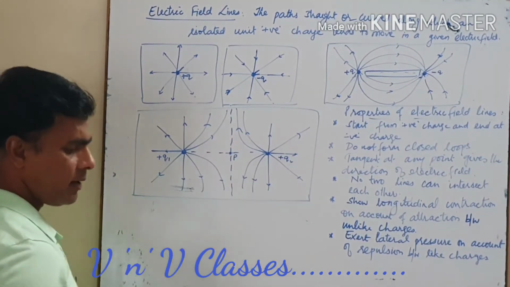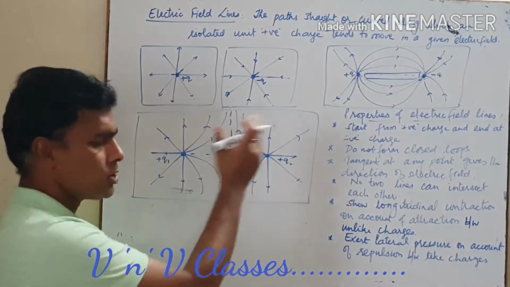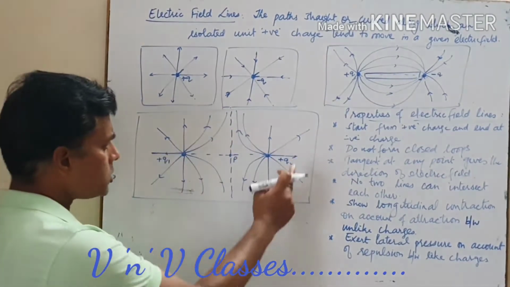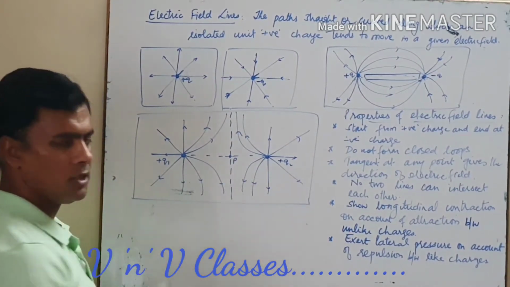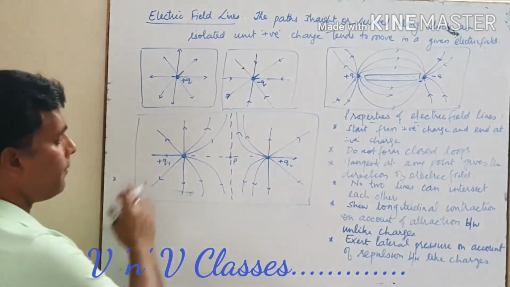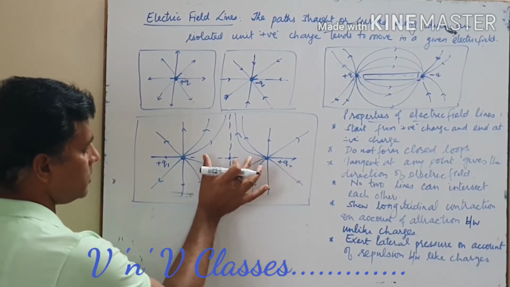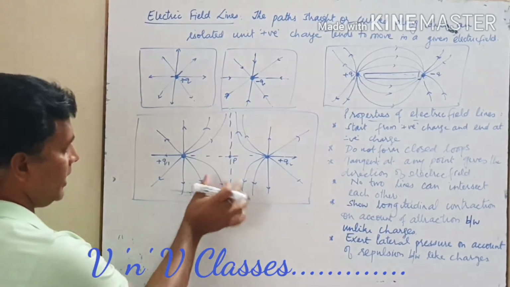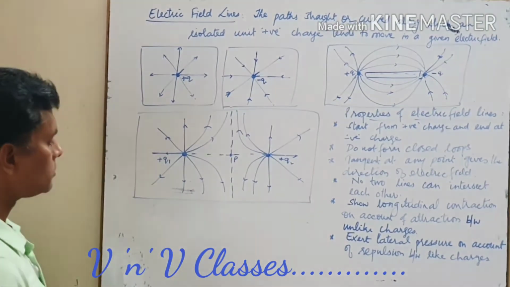It means they are exerting pressure on each other, and so they are changing their directions. This is only because of repulsion between like charges. This shows a repulsion between like charges. So q1 and q2 are exerting pressure on each other. That's why the field lines deviate from their paths.